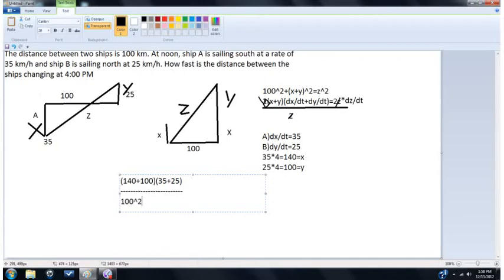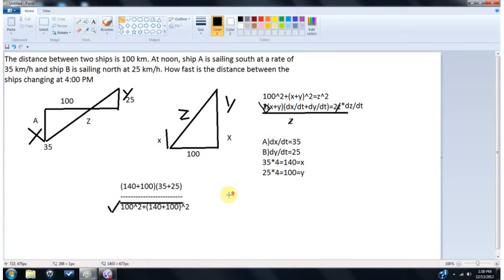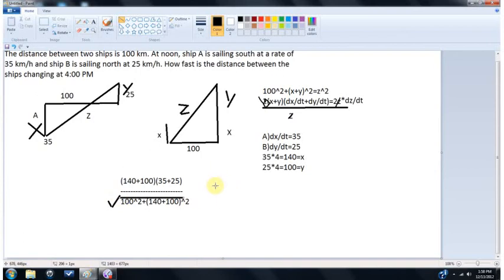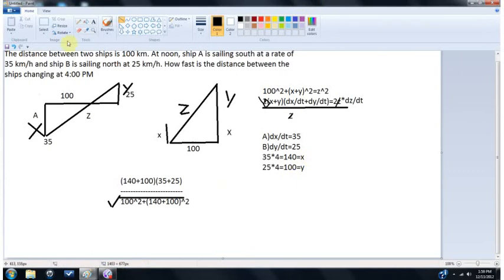We're using our original Pythagorean theorem now. And we take the radical. We're taking the radical because we want to find out z, not z squared. So now we simply solve.